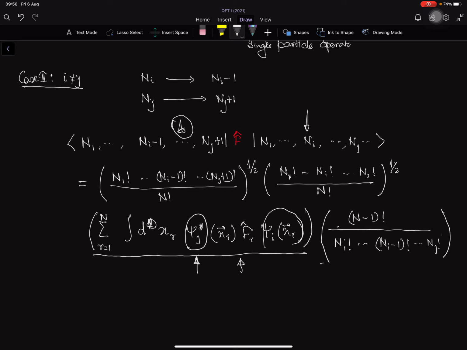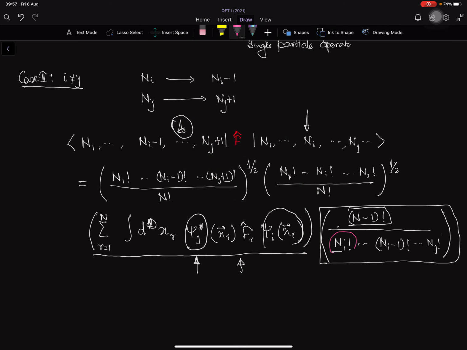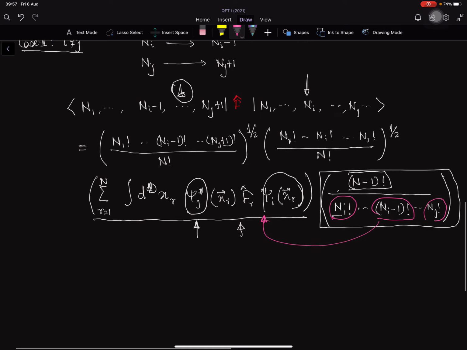Okay, so this is the factor that we will get: the number of states starting from n minus 1 particles, which we have to distribute among n1, nj and ni minus 1, because 1 has already been chosen here. So that's why this is ni minus 1.